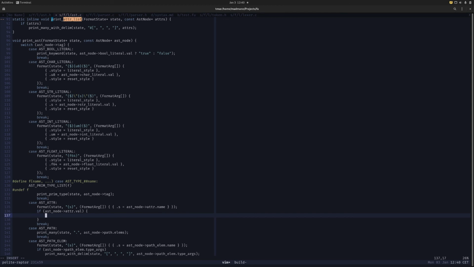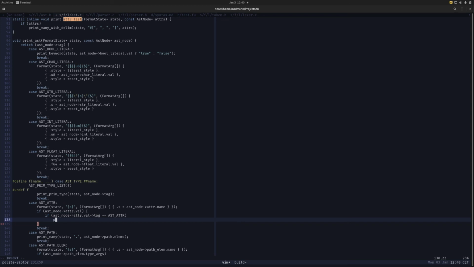If there's a value, then I do if AST node arrow adder dot val arrow tag equals AST adder, then I know it's a list of attributes, in which case I do print many with delim state open parentheses this time, and then AST node adder val, and this should print all the elements of the list.